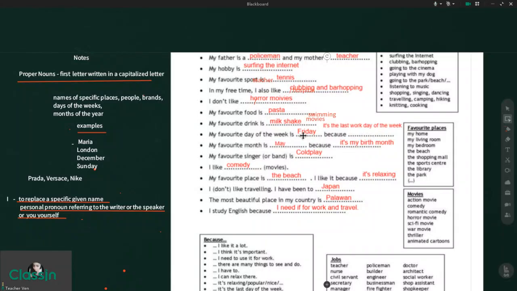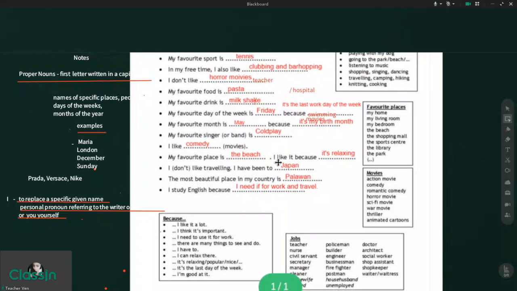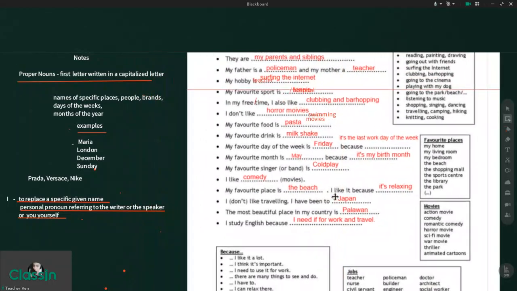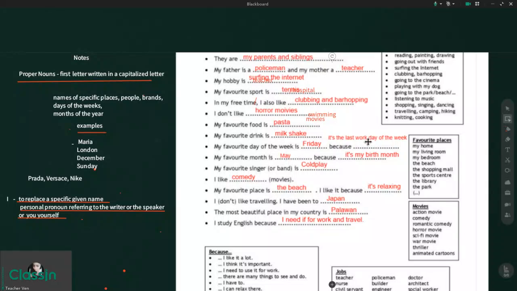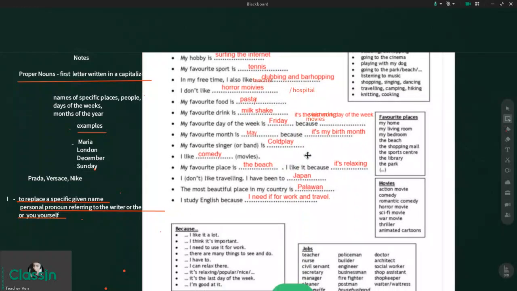And then the next part is my favorite day of the week is, okay, so it's any day of the week from Monday to Sunday. And here in our example, it's Friday. And what is the reason? My favorite day of the week is Friday because what? Because it's the last day of the week, right?